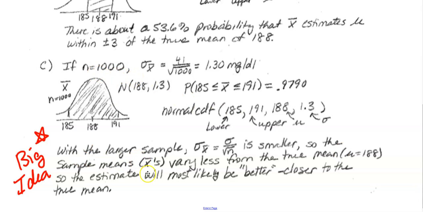Well, the big idea here is that with the larger sample, we get a smaller standard deviation. Therefore, the percentage of data that's close to the center increases. So we are more likely to get a sample that estimates mu within plus or minus 3 units with a larger sample than we would with a smaller sample.